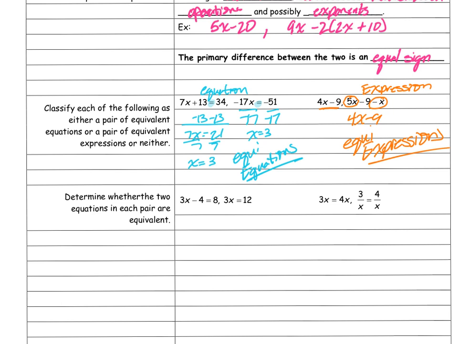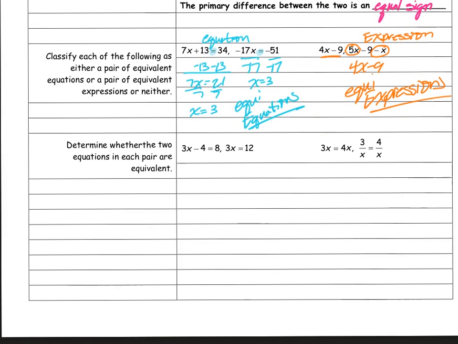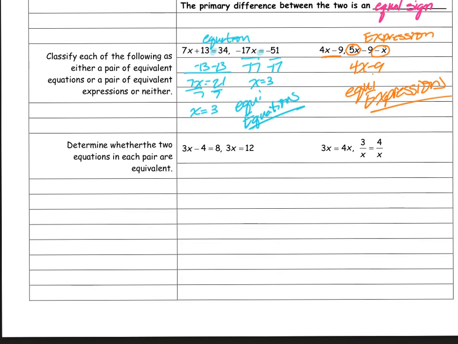The last section on this video says determine whether the two equations in each pair are equivalent. They're equations, so I have to solve for x, and I want to see if we get the same answer for both equations in each problem.